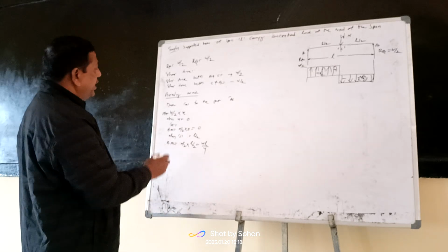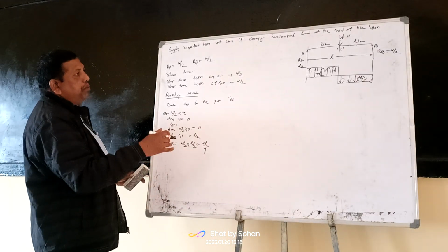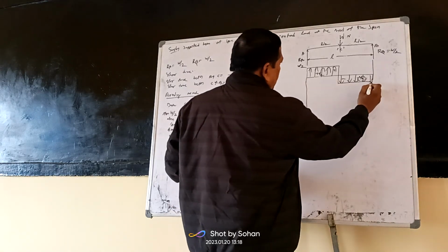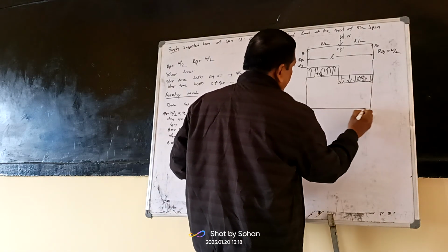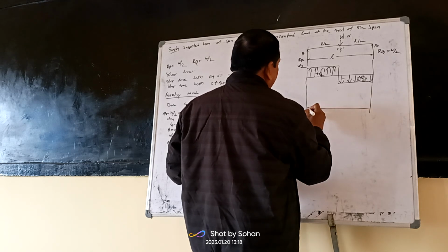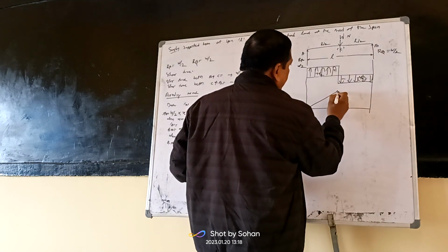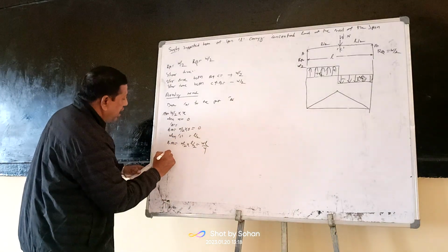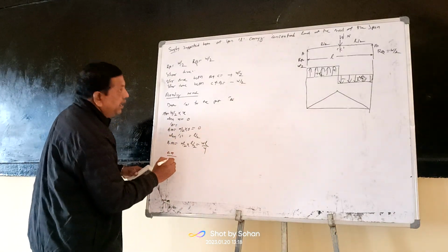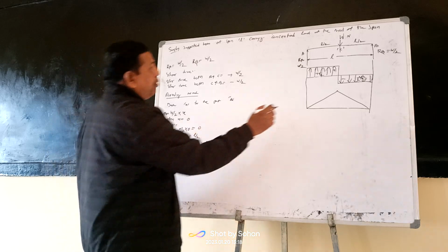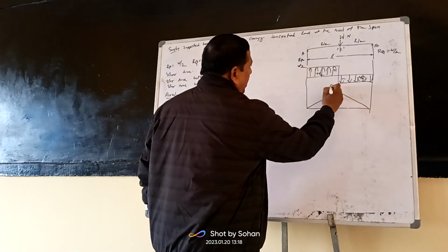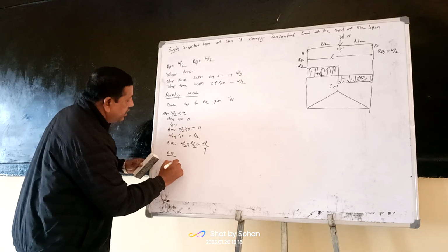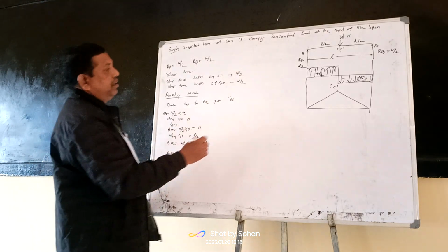So the bending moment increases uniformly from 0 to the value WL by 4. Again, the bending moment is maximum, WL by 4, at point C, and decreases to 0 at point B.